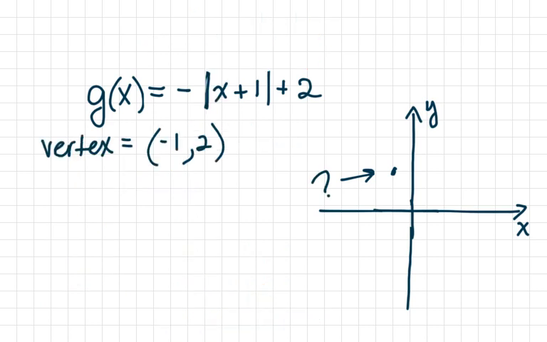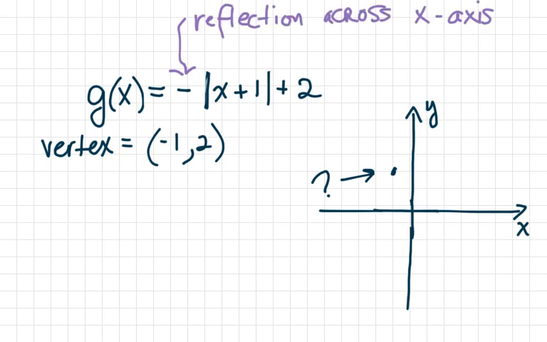There's one clue in here that tells us if this function is going to be flipped upside down, or if it's going to be a V or an upside down V. And that's this right here. This means we're doing a flip, or a reflection, across the x-axis. So it means that our graph is going to look something like this. Where these points are here, that's the subject for the next video, and we'll talk about that in a minute.